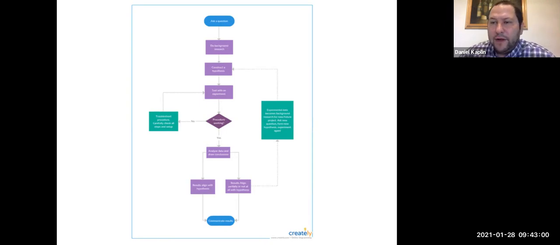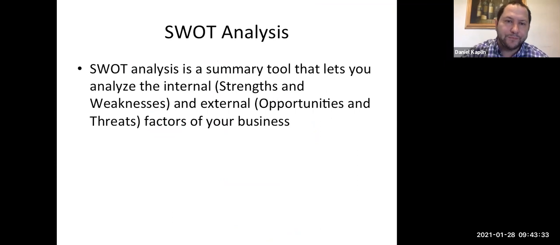Now, this diagram should look pretty familiar for many of you, because if you watched a lecture that I had in another video on where to start with research, it starts like this, right? And you'll see that you have ideas at the top, and then eventually you develop research questions and collect data and analyze it, and then you test hypotheses, and then you continue to go through this refinement.